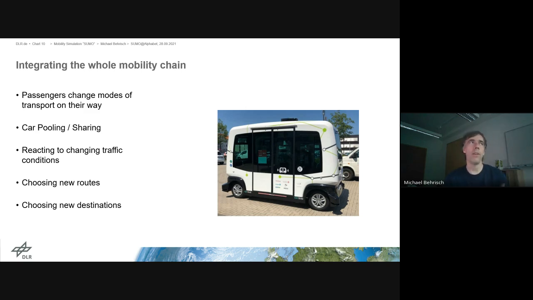I tell the simulation the person wants to go from A to B, and the simulation has to find out which car will arrive at the origin and will bring the person to the destination. And of course, it needs to respect traffic conditions and choose routes, so the whole logistics, the whole assignment procedure, not only route assignment, but really trip assignment from people to the individual vehicles.